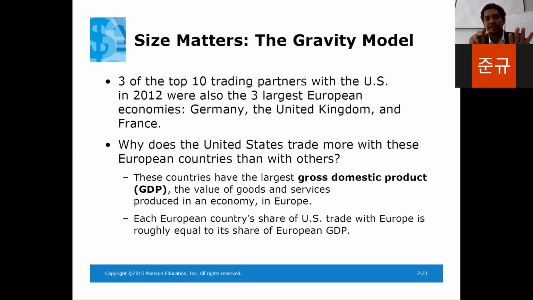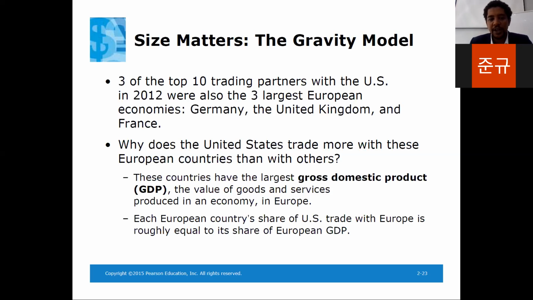Which means the US has more trade with a country which has the highest GDP or highest economy. So why does the United States trade more with these European countries than the others? These countries have the largest GDP, the value of goods and services produced in an economy in Europe.